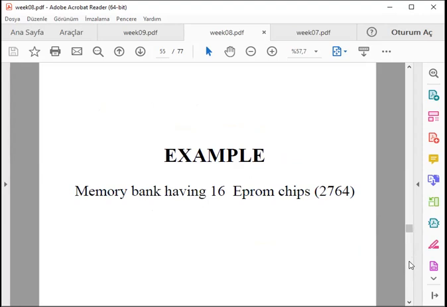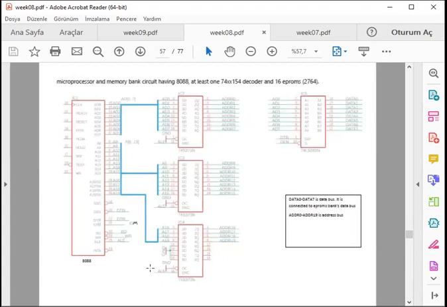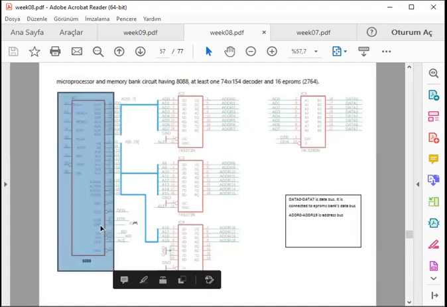And of course, we can create even more memory chip items. This is an example, a 4 to 16 decoder with 2 enables. So this is an even larger decoder, 154. And this is the general circuit schematic of utilizing this chip connected to the microprocessor chip.